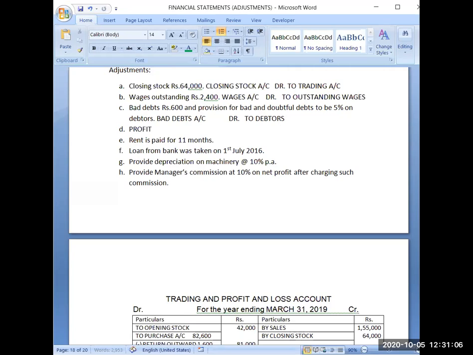profit and loss account debit to provision for bad and doubtful debts.